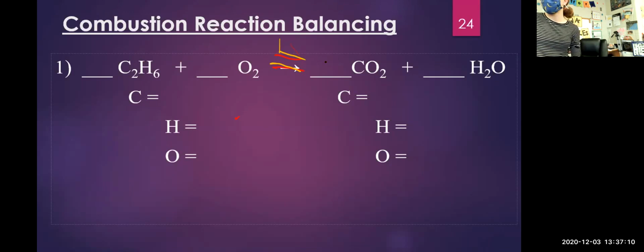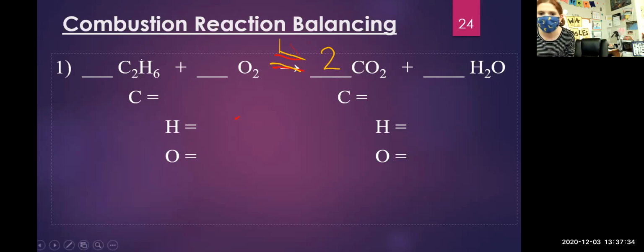Are those the same number? No, they're not the same number. So I'm going to change that to a 2. CHO order. If we balance our C's now, what do we have to do? Balance the H's.